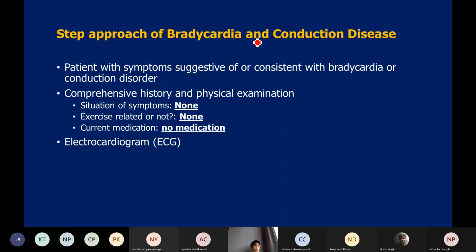We have to do a comprehensive history and physical exam, and we didn't find anything. There's no symptom. He could exercise. It is not related to any exercise. There's nothing abnormal in his exercise, and he has no current medication that could cause this type of bradycardia.